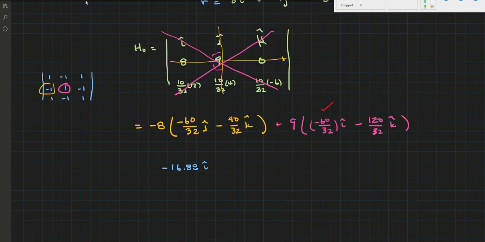For j, we have just this term, 8 times this, so it's 480, positive, divided by 32, which is 15j. And then for k, we have two terms. We take minus 8 times this, and positive 9 times this, which is negative, and we end up with minus 23.75k. And that, in fact, is our H naught.